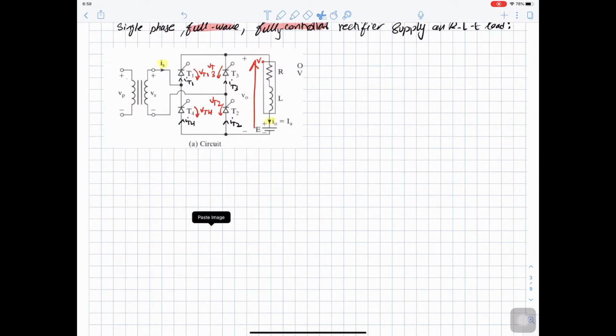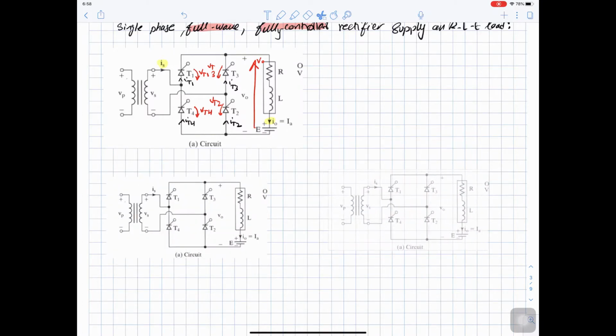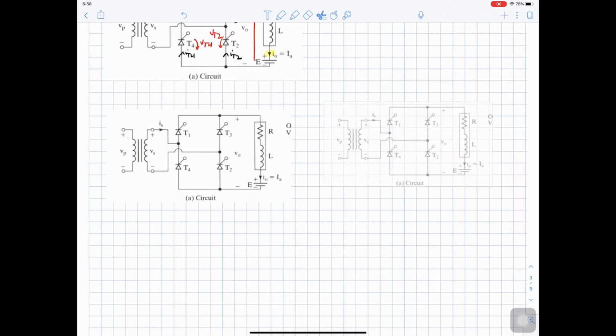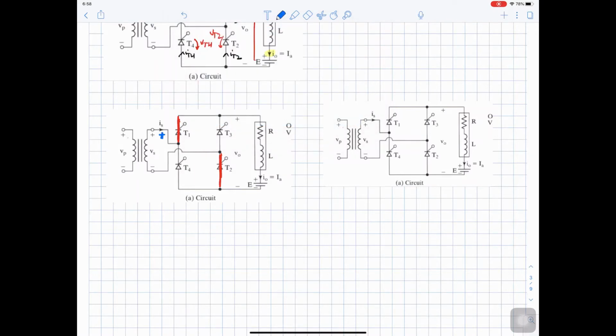Now we need to see the different states of the circuit. The first situation is if thyristor 1 and thyristor 2 are on. When this happens, the source is positive and negative, so positive here will make this thyristor forward, and negative here will make this thyristor forward.